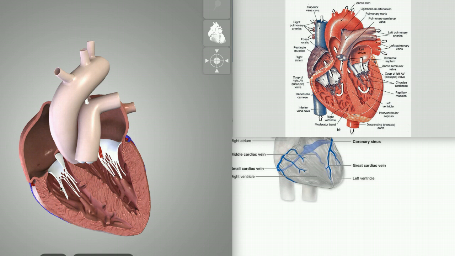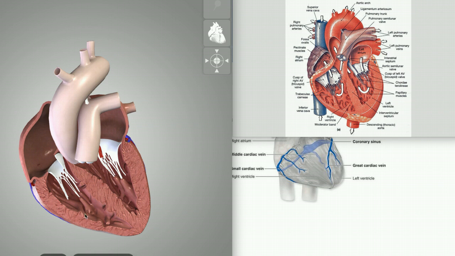In this case, it controls blood flow from the right atrium down into the right ventricle, and these are referred to as the tricuspid valve, or you can call it the right atrioventricular valve, which I find much easier because I tend to get the tricuspid and the bicuspid really confused when I talk about the anatomy of the heart.